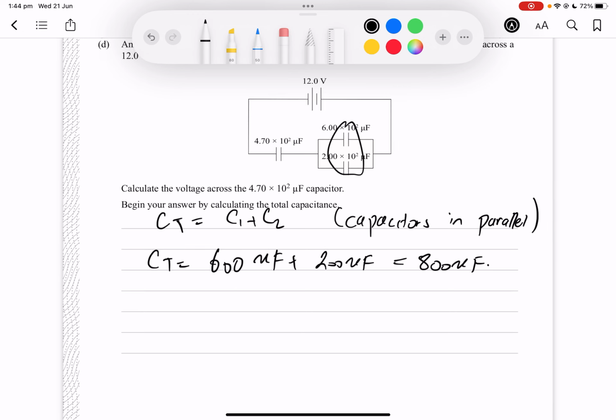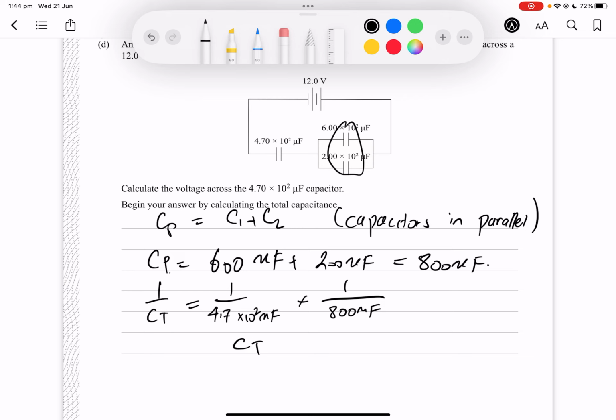And the total capacitance of the circuit is 1 over CT equals... Probably shouldn't use CT before. We'll just use CP for parallel. So 1 over CT equals 1 over 4.7 times 10 to the power of 2 microfarads plus 1 over 800.